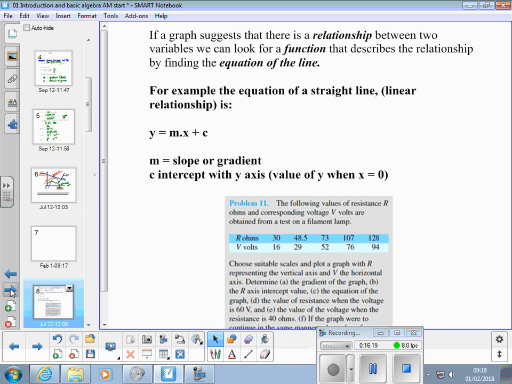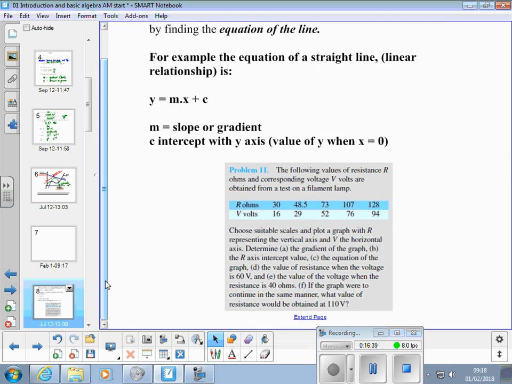So we can try and find a function that fits that data, and what we're essentially doing is finding an equation of a line.